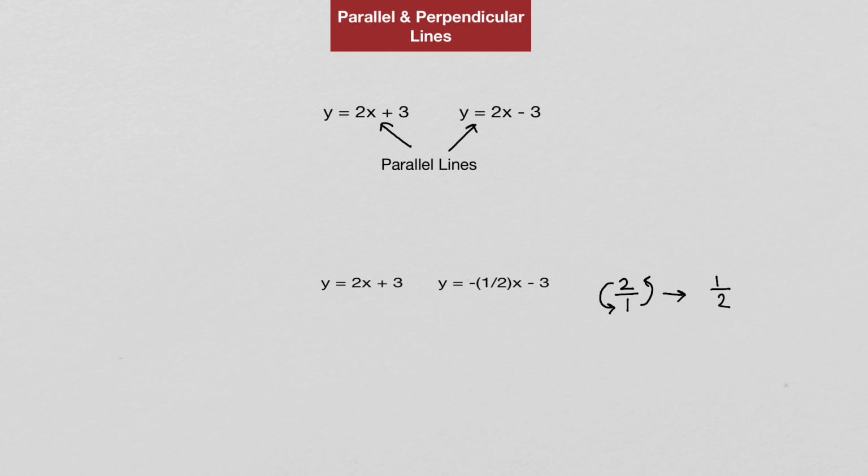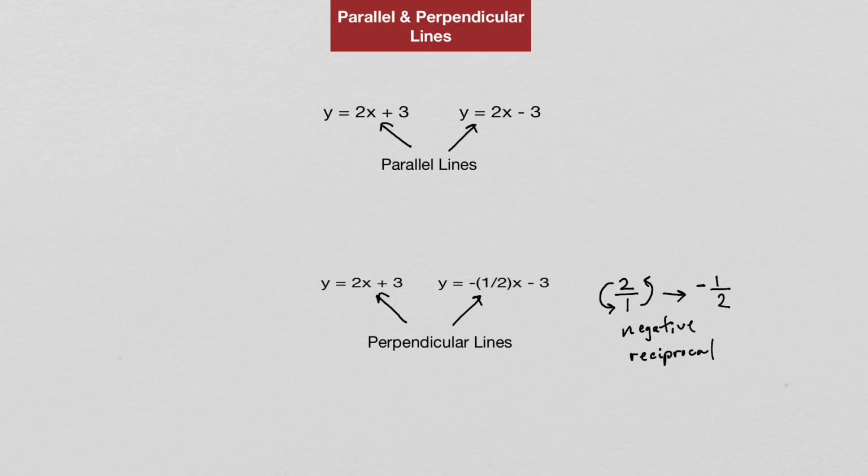And then we put a negative in front of it, and now that becomes a negative reciprocal. So when you see that relationship between the slopes, which we have here, the 2 and the negative 1/2, that's a negative reciprocal. When that happens, we have perpendicular lines.